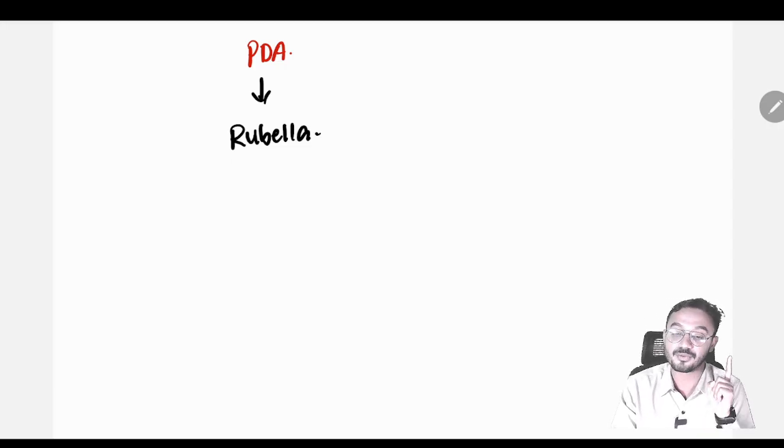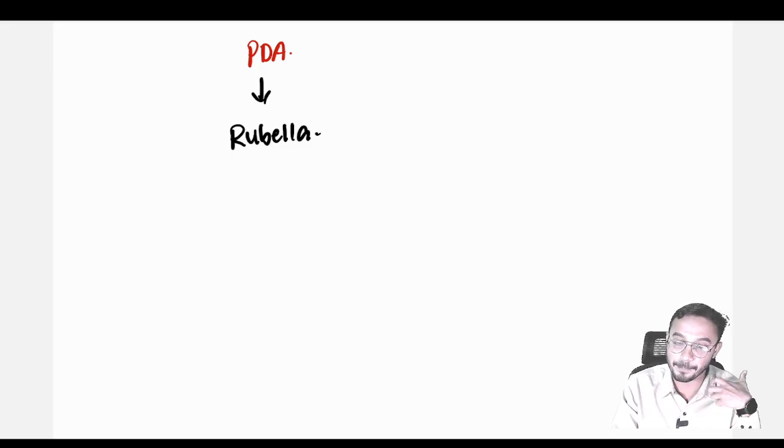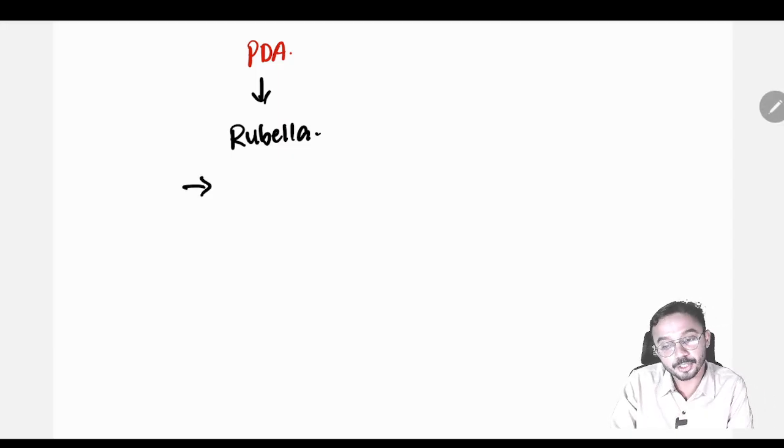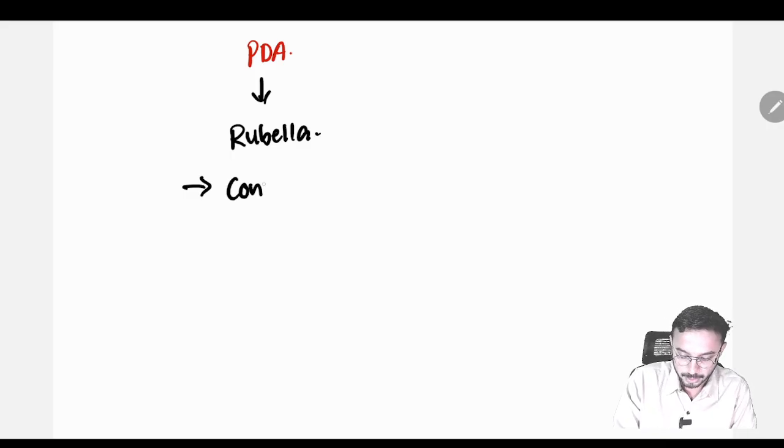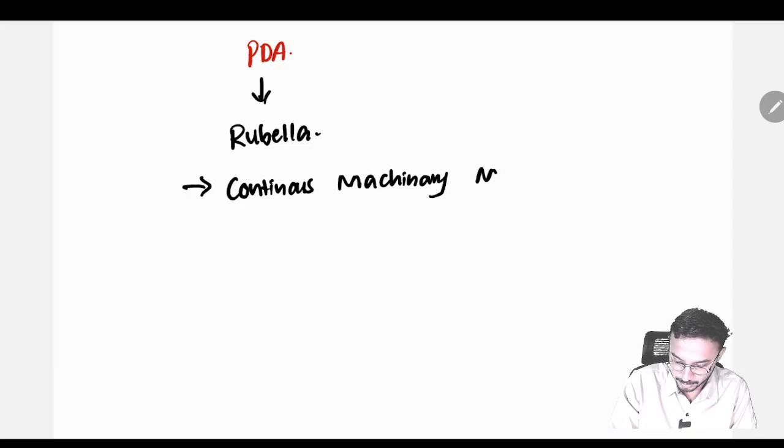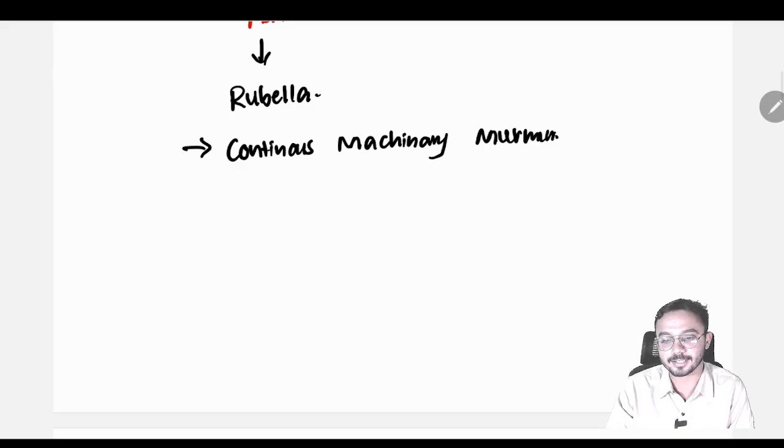In one word, if you want to rule out whether it is a PDA, like I taught you, murmur. Here, which kind of murmur are you going to see? Continuous machinery murmur. So what do you mean by PDA, patent ductus arteriosus?